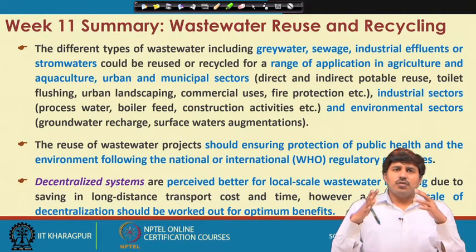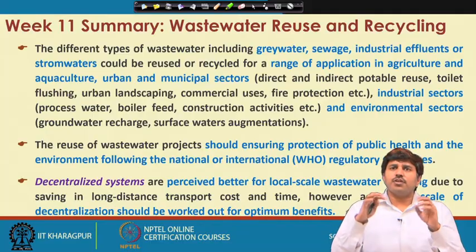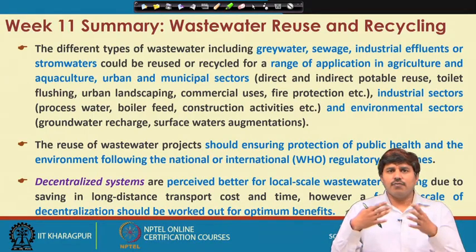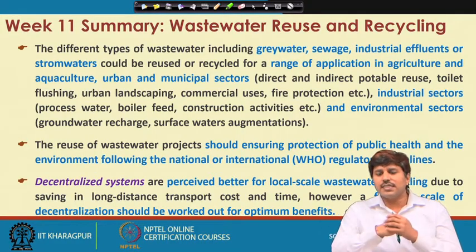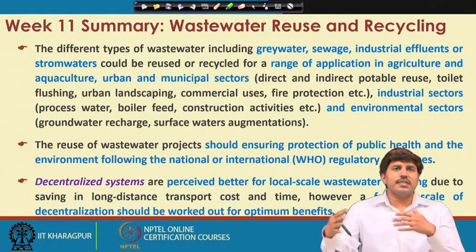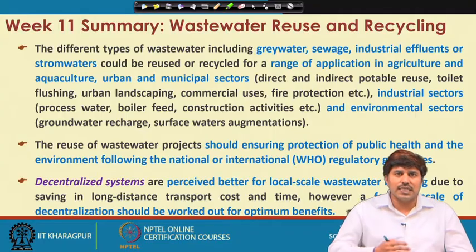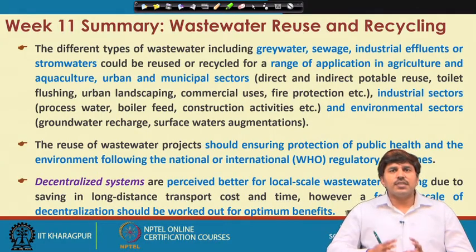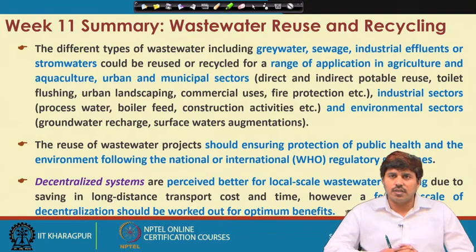The reuse of wastewater projects should ensure the protection of public health and environment, and follow national or international regulatory guidelines. International bodies like WHO have put forth certain regulatory guidelines for wastewater recycling systems. There are a few countries which have their own separate regulatory guidelines, like the USA and others.